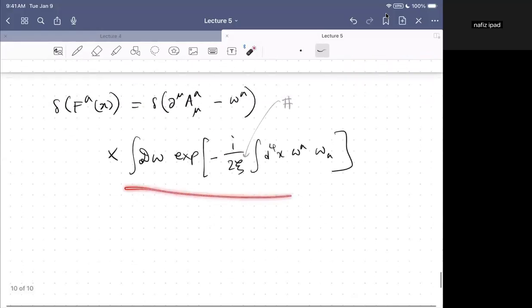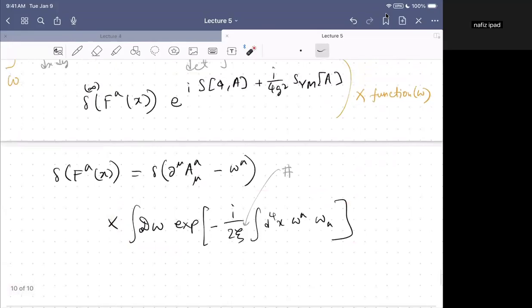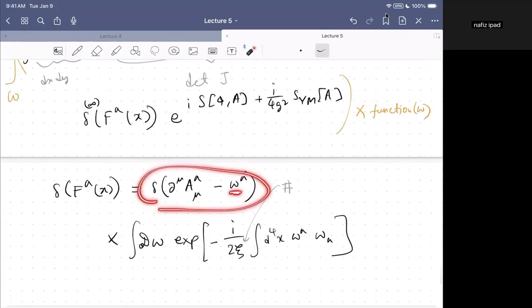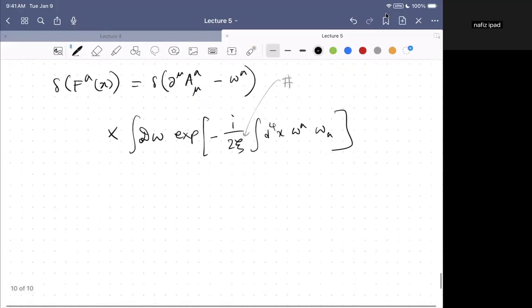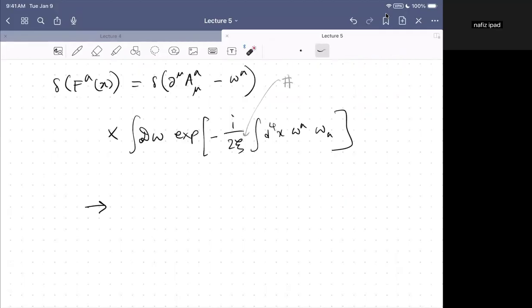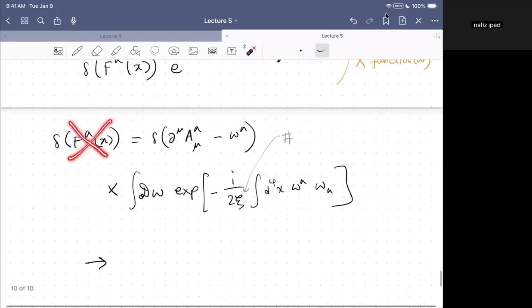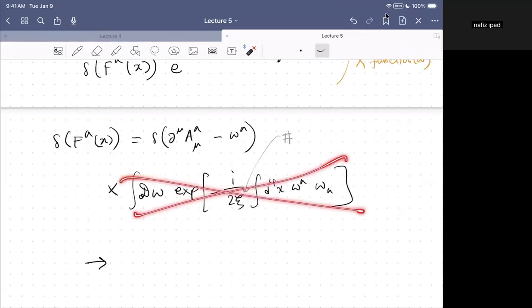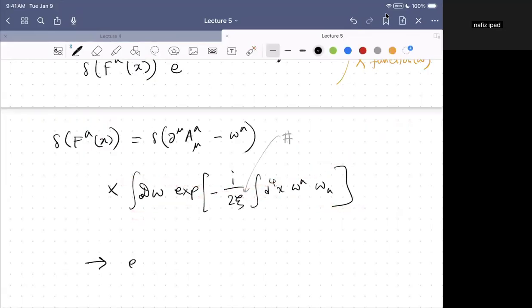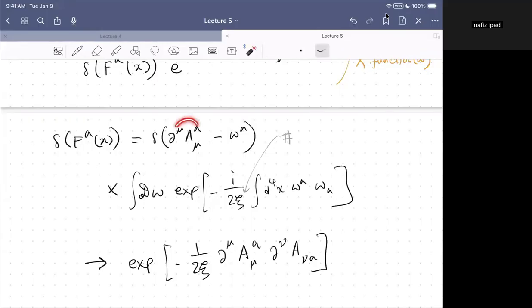So what happens if we do this? The integration is easy to do, right? Because we have delta functions. So omega will simply be equal to this thing. So the result of this integration is that you get rid of all of these delta functions, you get rid of all of these things, and you replace all of this by the square of this.